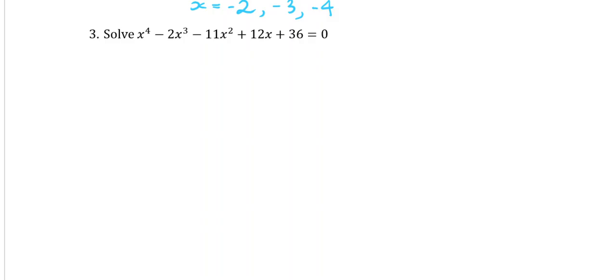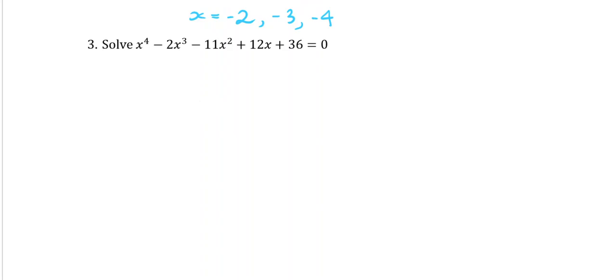So my possible factors of the 36 are plus or minus 1, plus or minus 2, plus or minus 3, plus or minus 4. 5 doesn't work.